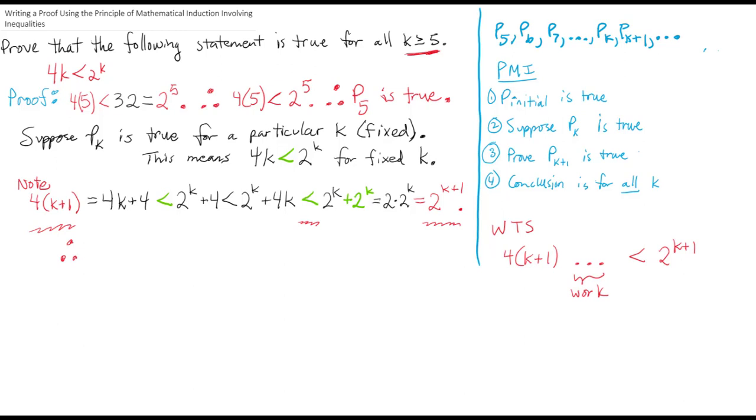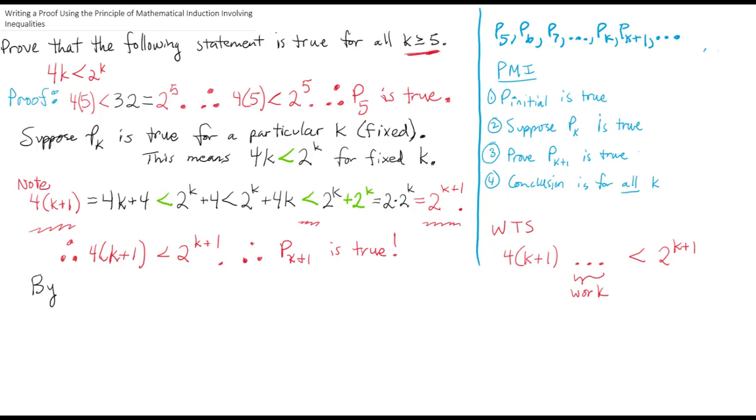Therefore, 4 times k plus 1 is less than 2 to the k plus 1. Therefore, proposition of k plus 1 is true. So what is our conclusion?